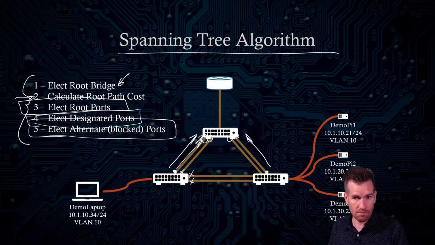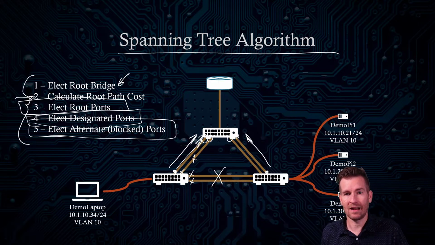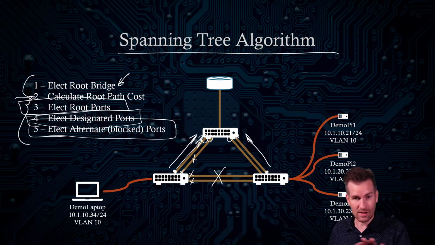It's going to keep the root ports live, and then it's going to shut down some of these other ports. And by shutting down those ports, it shuts down those links, so there's no communication between these devices on those links. It's not forwarding frames at all on those links. And then we reduce or eliminate that redundancy that's within this network.